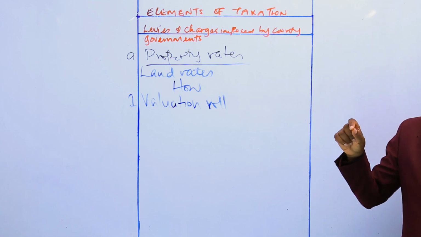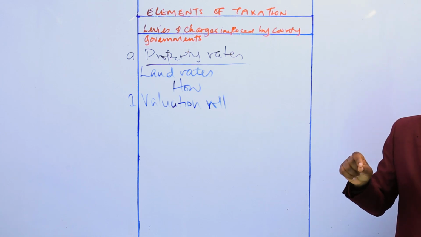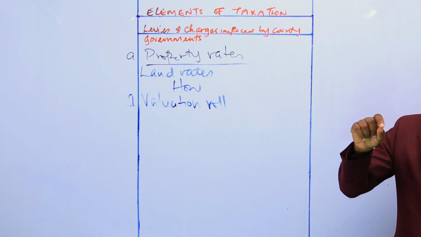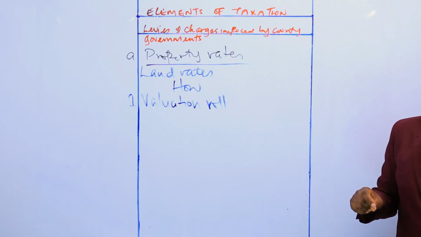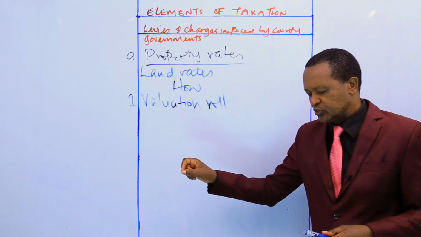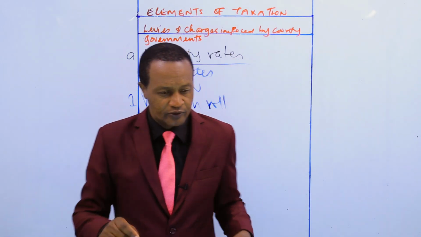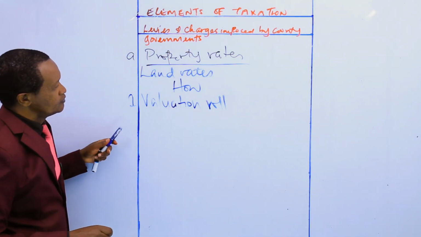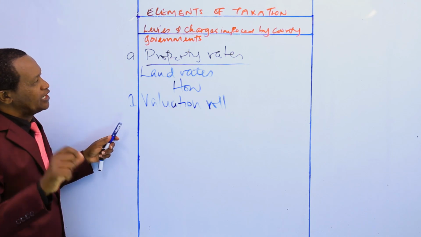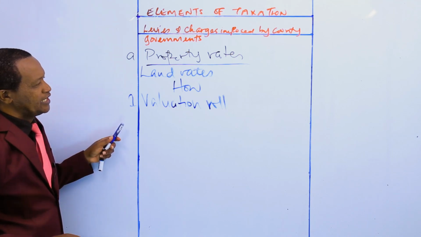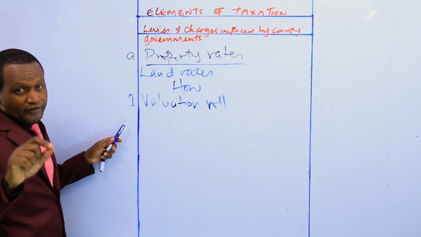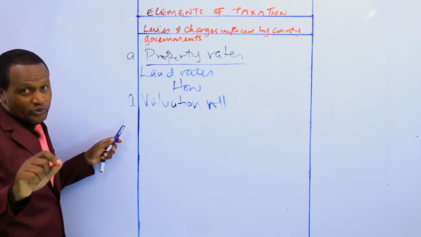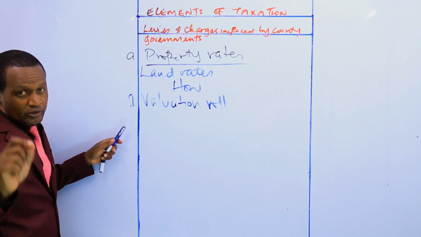So a valuation roll is a register of all rateable properties with the assessed values. Do you understand? So before the county imposes property rates, there has to be a valuation roll in place.